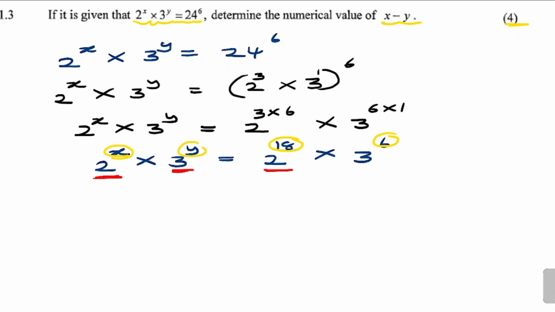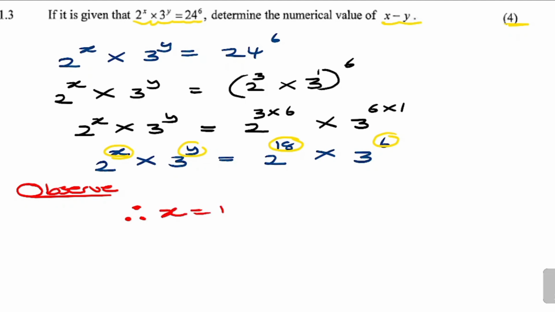If you've got a sharp eye, then you can see that you have the exponents there. You have x and y, and then there you have 18 and 6. But now look at your bases. The bases are almost the same. The base of the x is 2, and the base of the 18 is 2. The base of y is 3, and the base of 6 is what? It is 3. So in this, you need to observe, right, and see what can be done when it's something like this. You're not going to drop the bases.